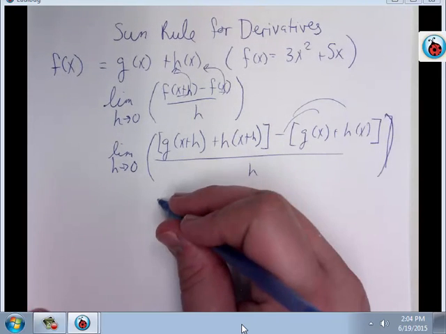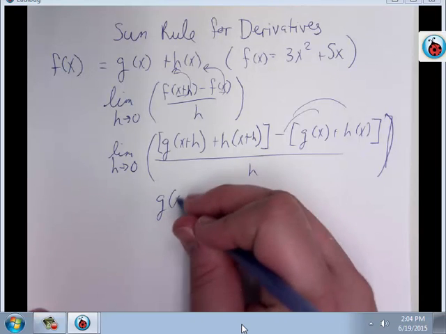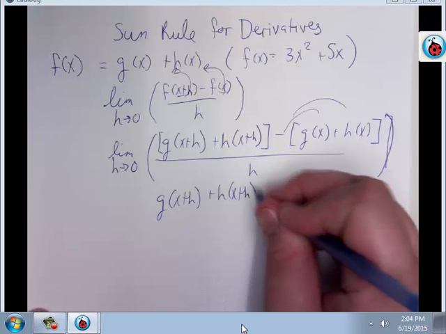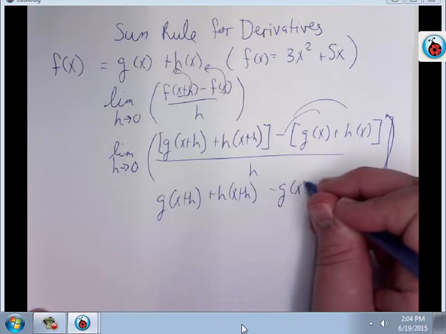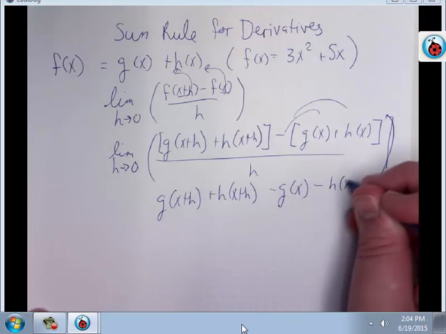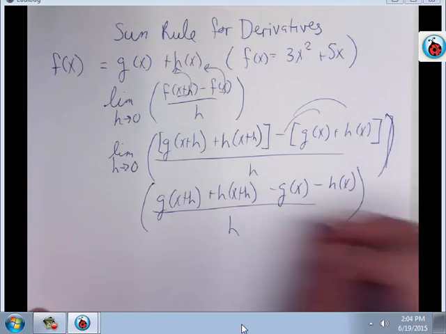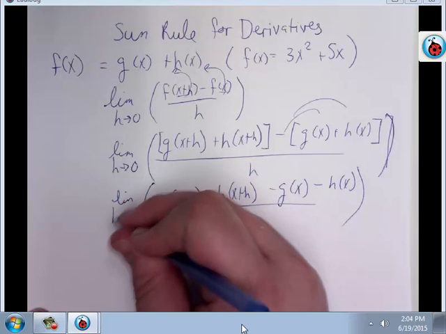And when we distribute the negative, we get g of x plus h of x plus h minus g of x minus h of x, all this over h. And we're taking the limit still.